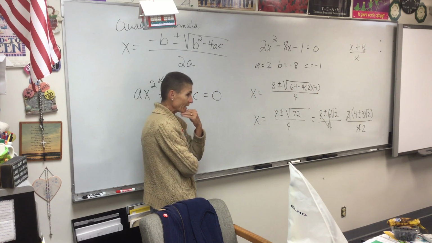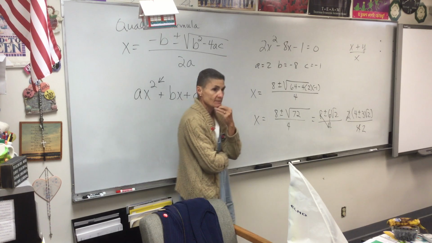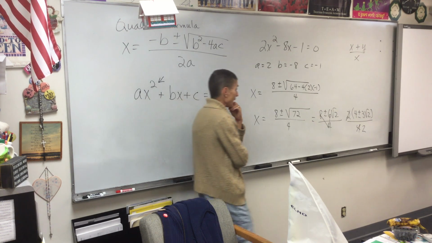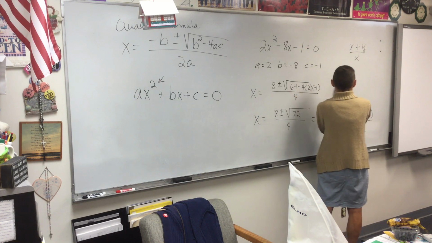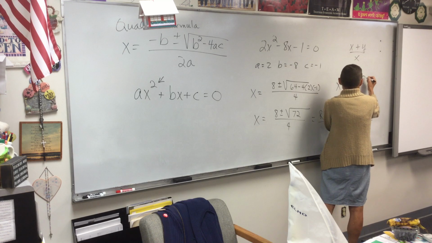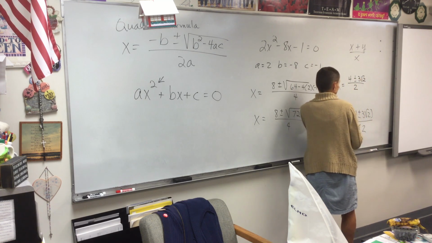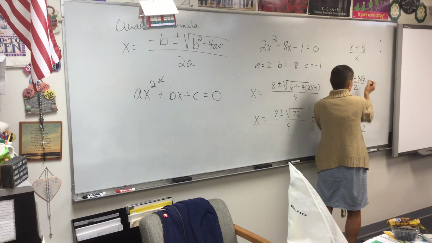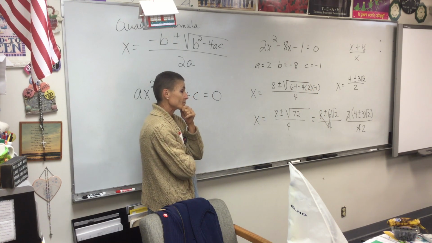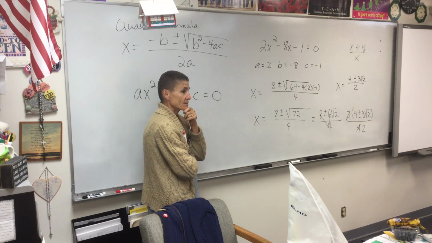If you can factor it out, you can cancel it out. Now, I still have a 2 and a 4, but I am done canceling because 2 does not go into 3 evenly. So that's my answer.